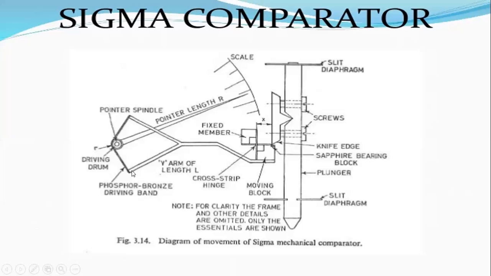This Y shaped arm is attached to the phosphor bronze band, and in the center of the phosphor bronze band there is a driving drum. To the driving drum a pointer is attached, which is used to move freely.